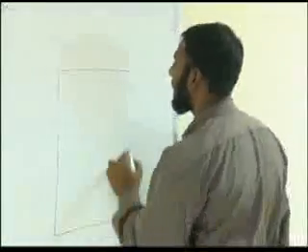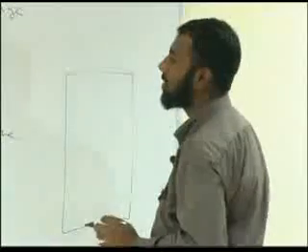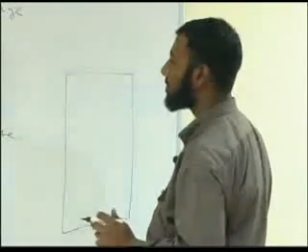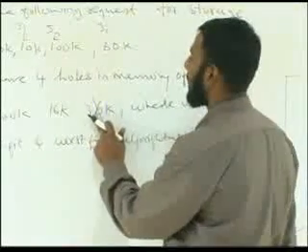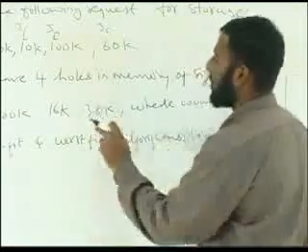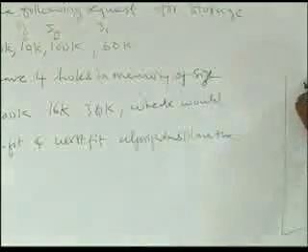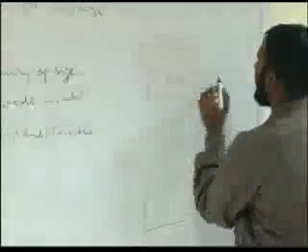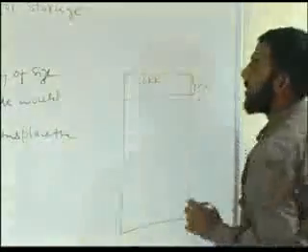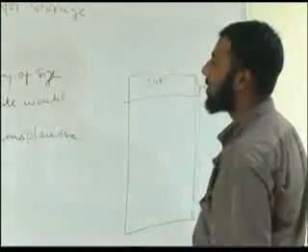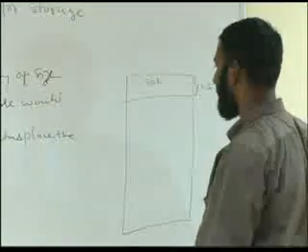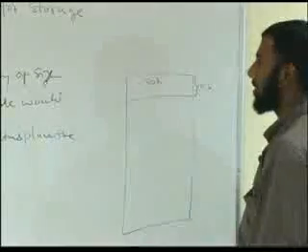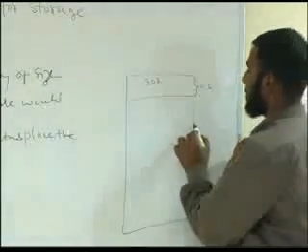So let us assume that we have a memory. The first 50 kilobytes, assume that it is used by the operating system. The remaining 30, 200, 16 and 30 kilobytes are the 4 holes which are available in memory, for example.